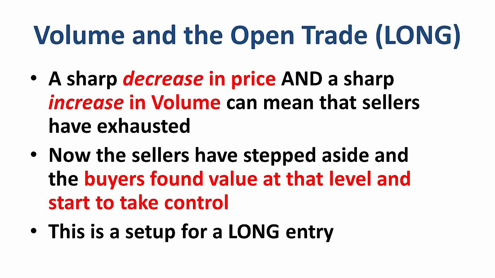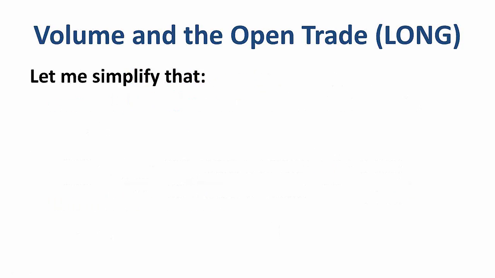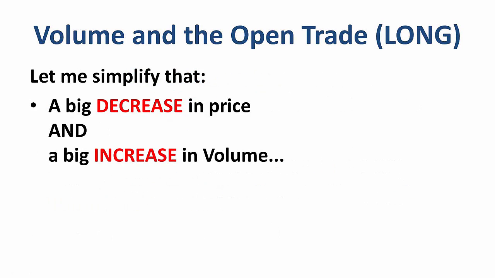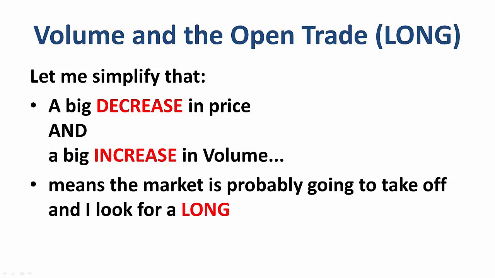This setup is for a long entry. Again, a sharp decrease in price and an increase in volume is when I'm looking for a long entry. And I'll simplify that. A big decrease in price and a big increase in volume means that the market is probably going to take off, and I'm going to look for a long.